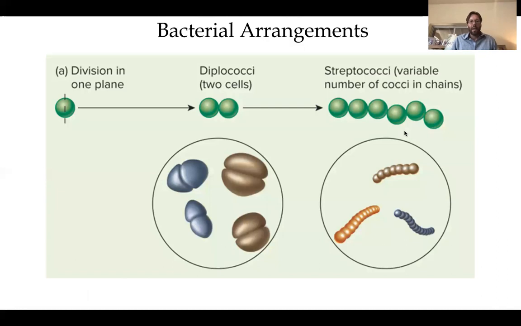So this is looking at a cocci cell. Here's one. It divides into 2, and now you have diplococci. And then if that keeps on chugging along, you'll get streptococci in that linear strip, okay?